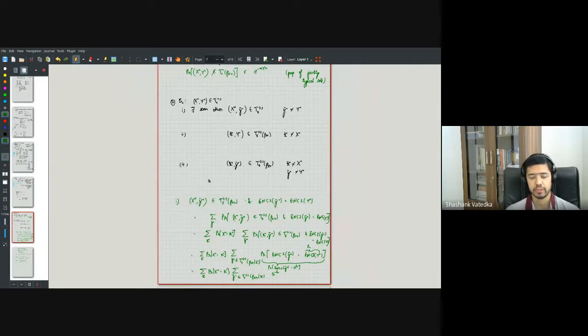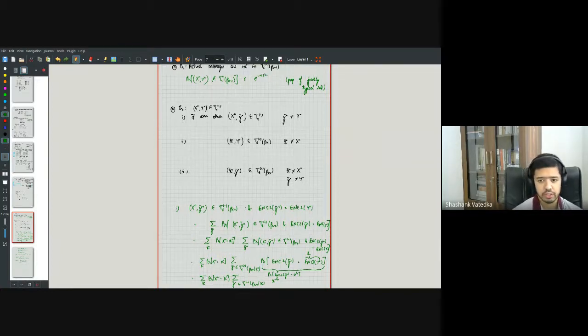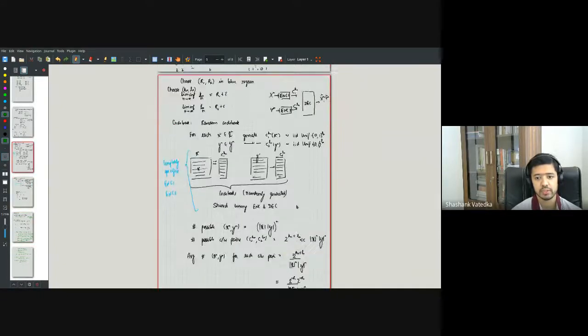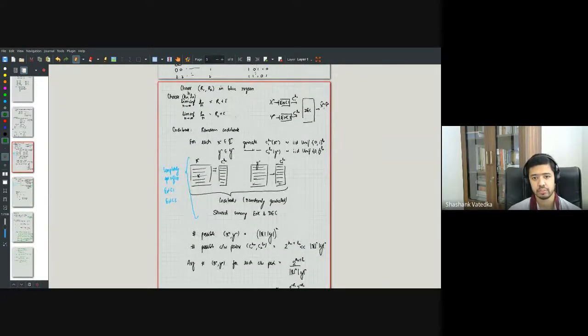What we did was analyze different error events, and we showed that the probability of each of these error events is vanishing in n, as long as the rate is sufficiently large. As long as you choose rates which satisfy these properties, the probability of error is vanishing in n.